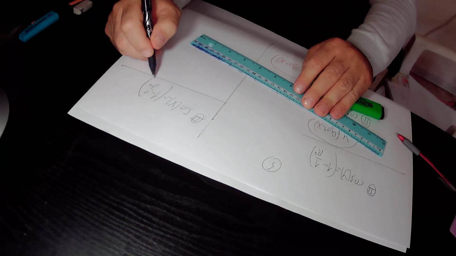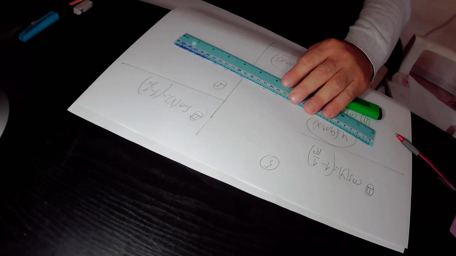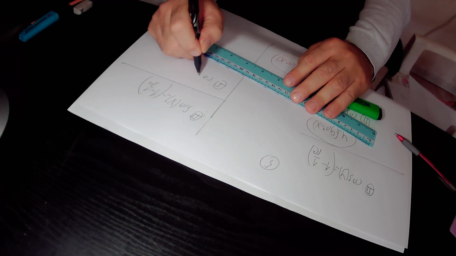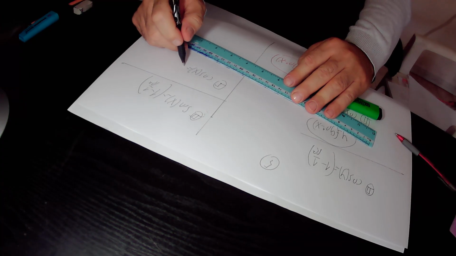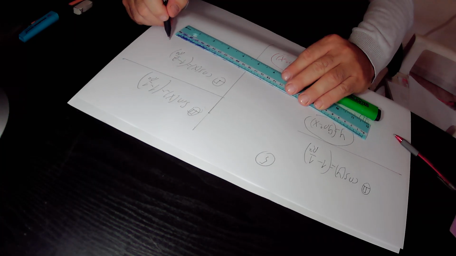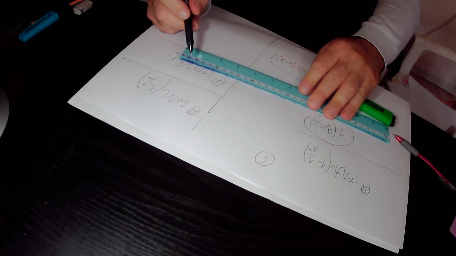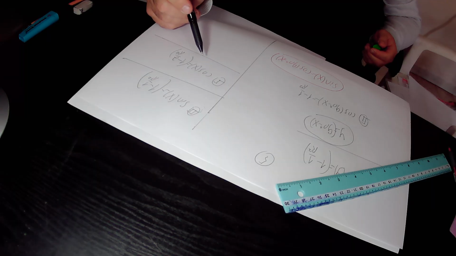While according to equation 1, we have already found out that cosine x equals 1 minus 2 over r squared. So we have here two expressions, one expression for sine x and the other expression for cosine x.